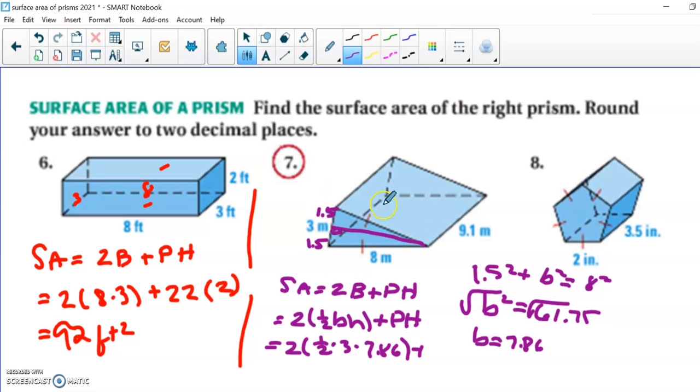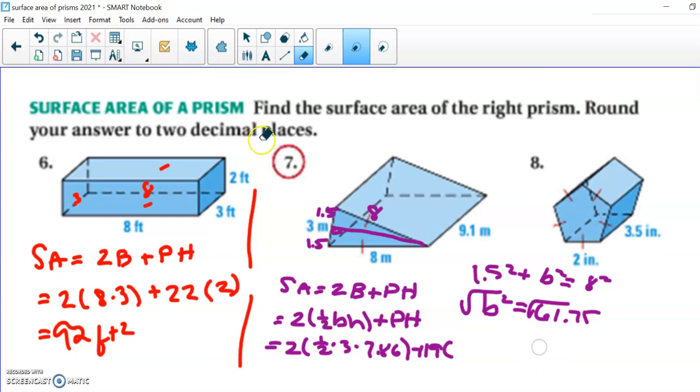So that would be 8 plus 8 plus 3. 8 plus 8 is 16, plus 3 is going to be 19. And we want to multiply that times the height of our prism, which is going to take care of our rectangles. So 19, and then we're going to multiply that times the height, which is 9.1.